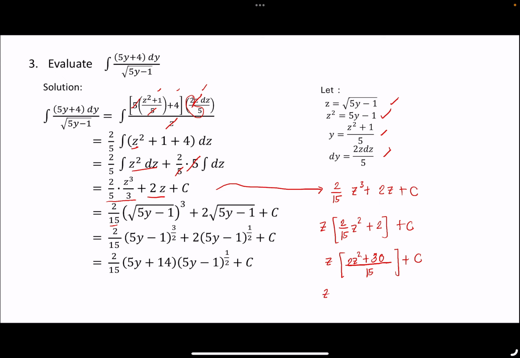Z squared is 5y minus 1, so we have 5y minus 1 plus 30 all over 15, plus c.